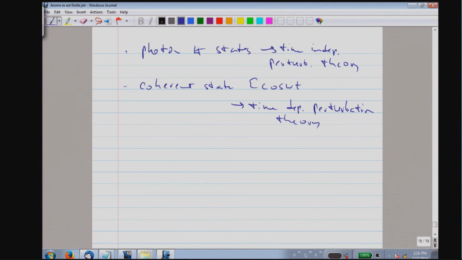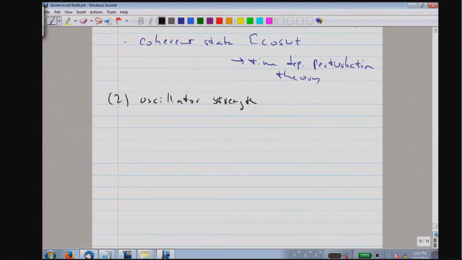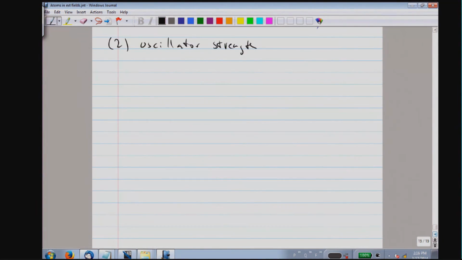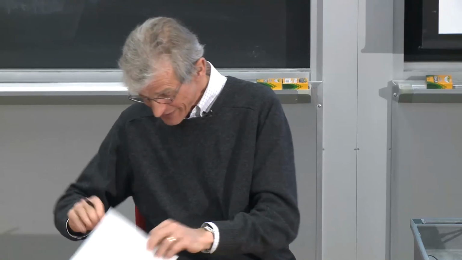Okay, second point of discussion is the concept of the oscillator strength. So what I'm teaching you in the next 5 minutes is so old-fashioned that I sometimes wonder, should I still teach it or not? On the other hand, you find it in all the textbooks.